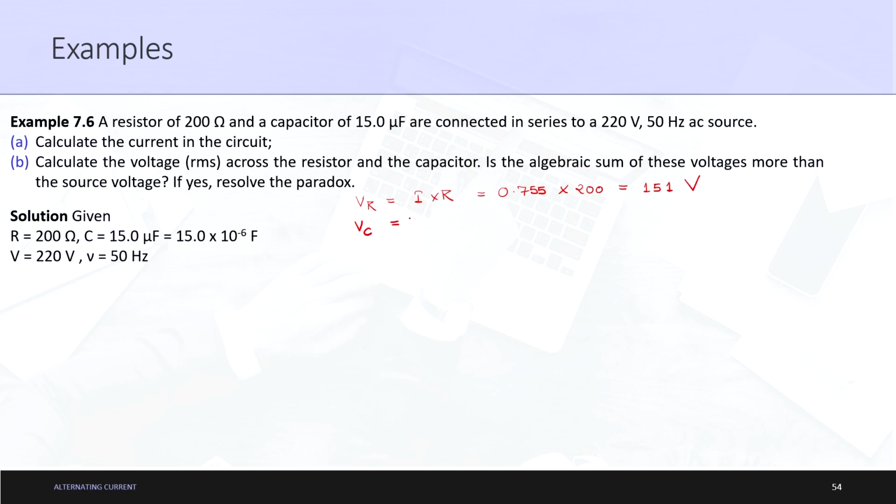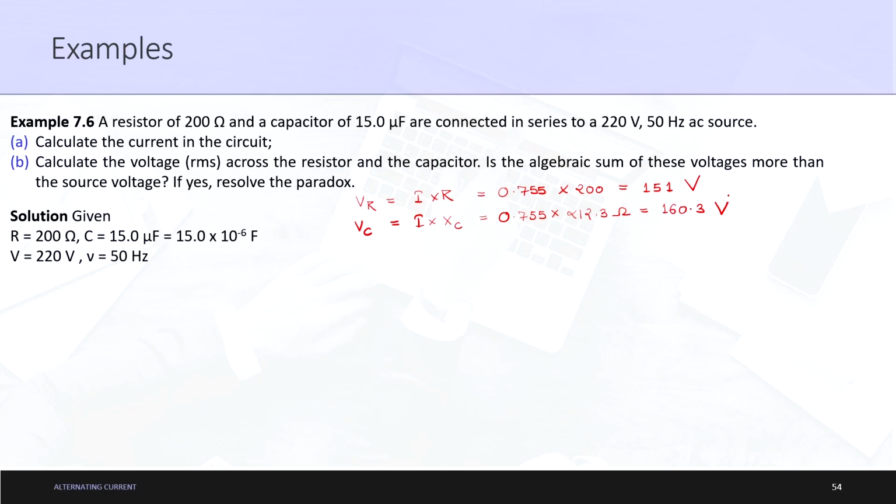Similarly, what is VC? VC is nothing but equal to I into XC. What is XC? XC is capacitive reactance. So, XC obtained is nothing but equal to 0.755 into 212.3 ohms. Therefore, this is nothing but equal to 160.3 volts.